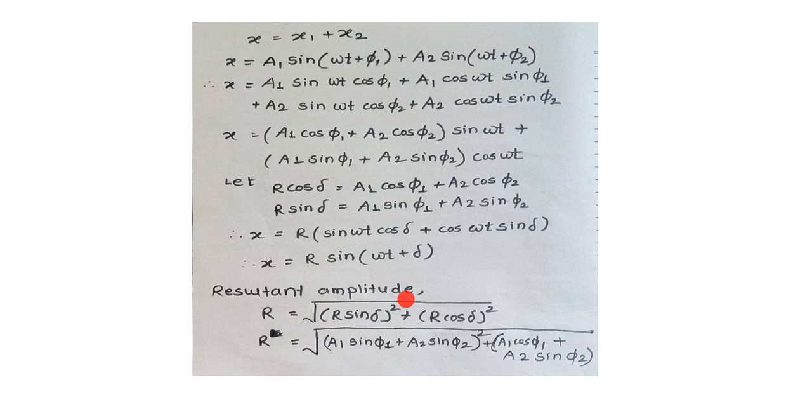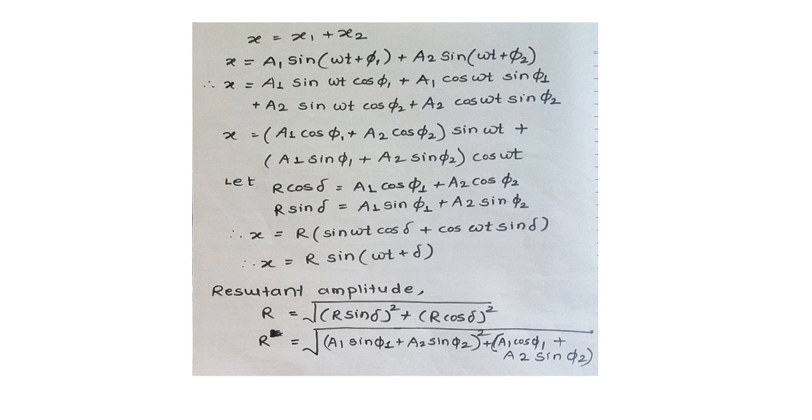For this, we have to square and add these equations: r cos delta and r sin delta equal a1 cos phi 1 plus a2 cos phi 2 and a1 sin phi 1 plus a2 sin phi 2. By squaring and adding these two equations, we get r equals root of (r sin delta) square plus (r cos delta) square.